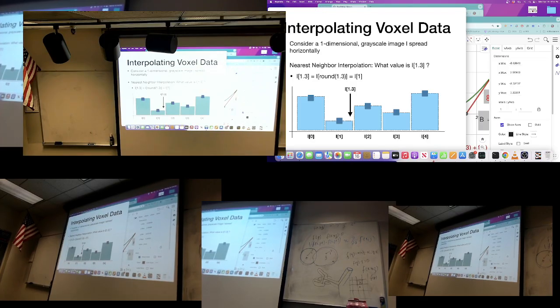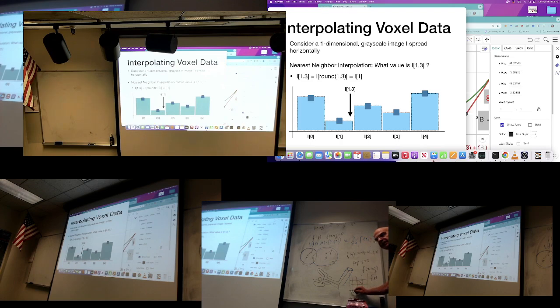But so, analogous to what? Analogous to what you did in homework 1, nearest neighbor interpolation. You had a few input pixels, 4 input pixels, but you have an output pixel right here.